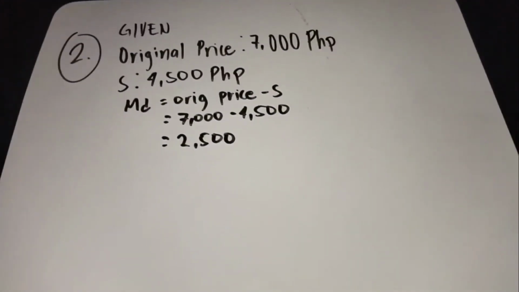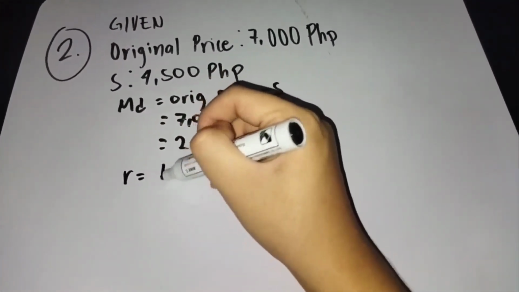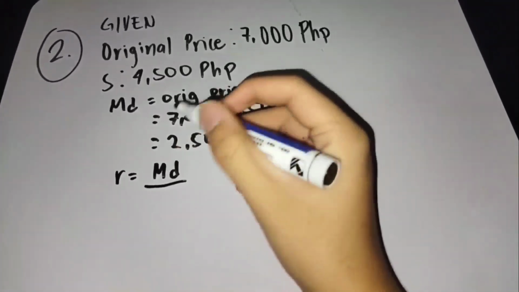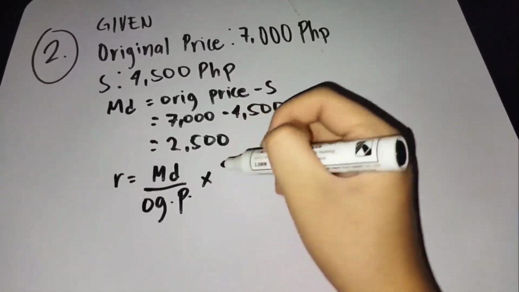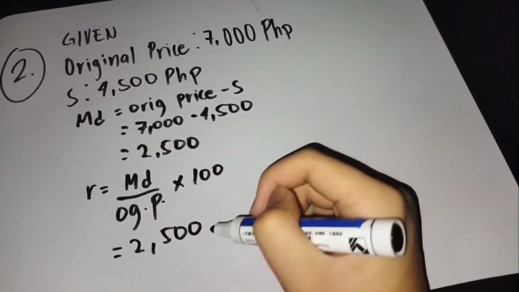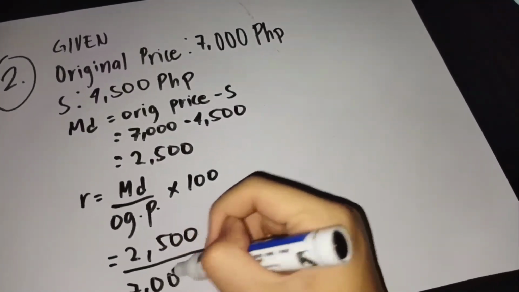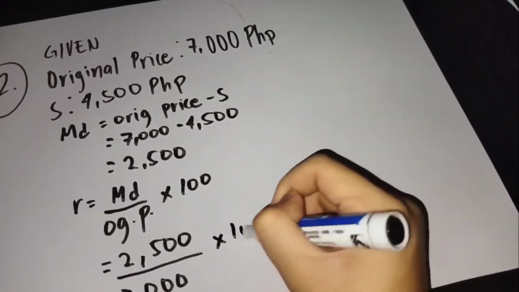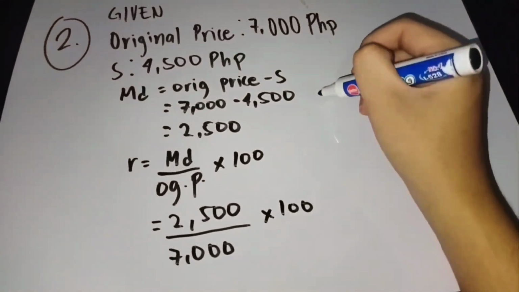Now, pwede na natin gamitin yung formula na rate is equal to markdown divided by original price times 100. 2,500 divided by 7,000 times 100. Ayan. So, next naman, divide muna natin sila.